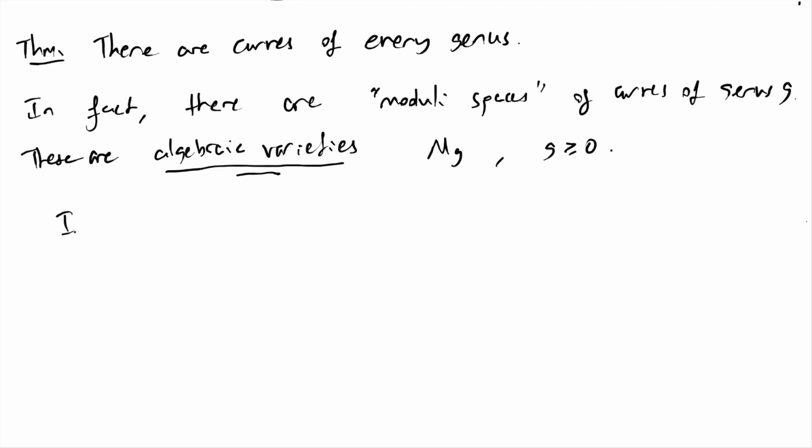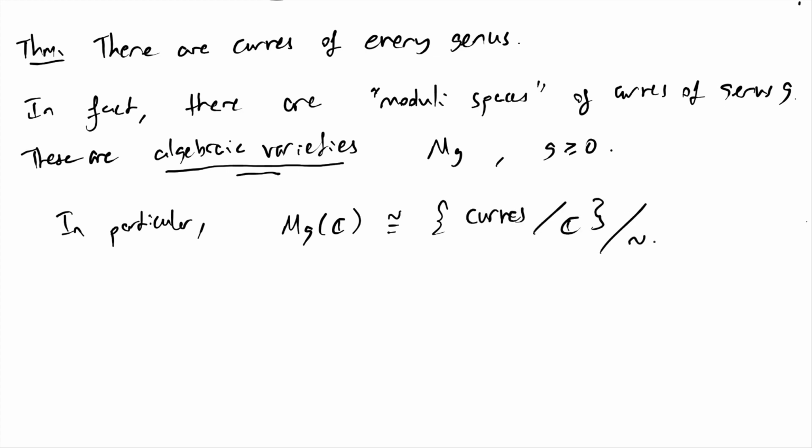And what I'm saying with regards to being a moduli space is that in particular, if I plug in C here, so if I'm looking at complex points of this algebraic variety, then this is canonically in bijection with all curves over the complex numbers up to isomorphism.